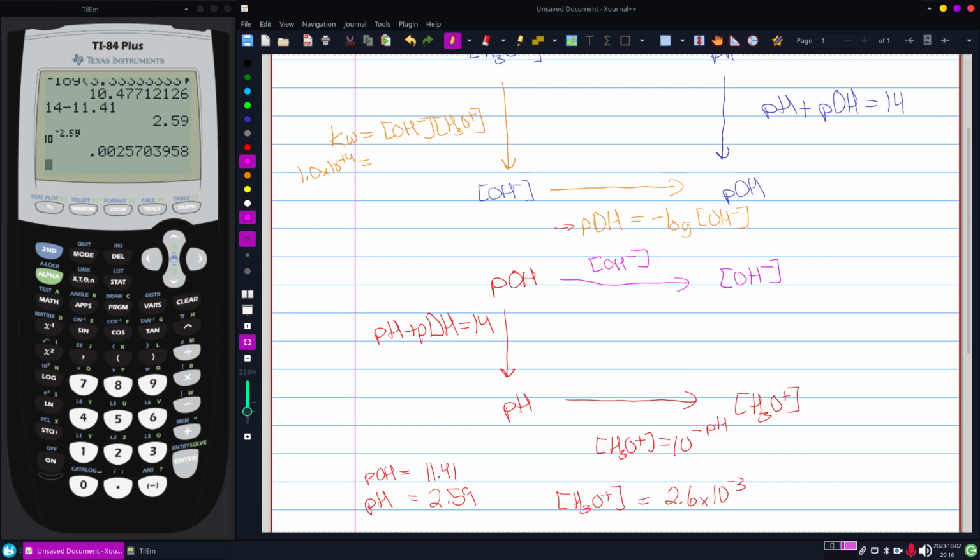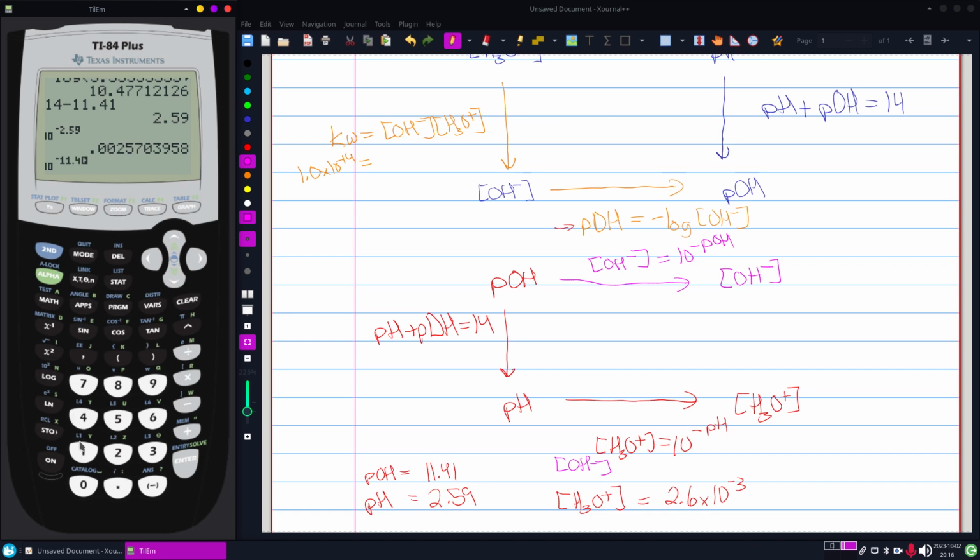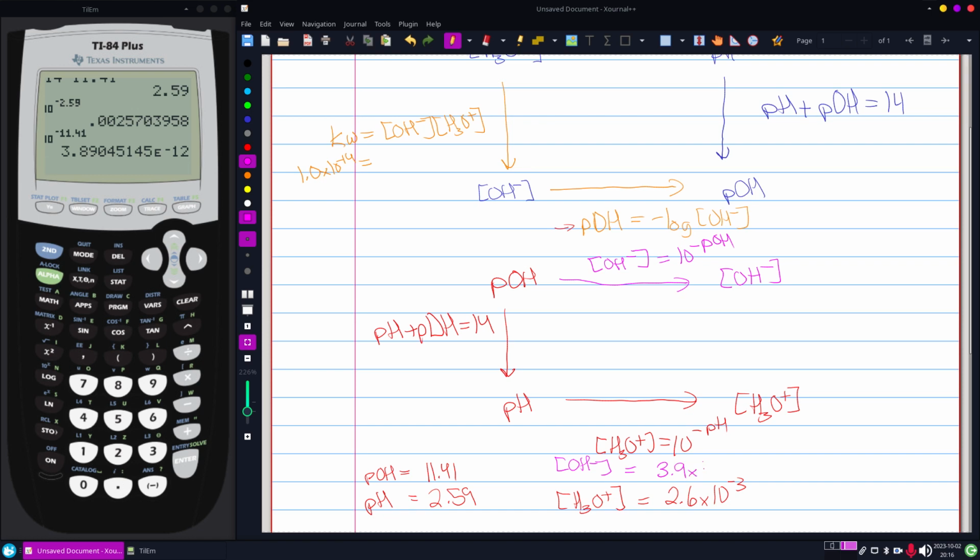OH negative is equal to 10 to the negative pOH. So our OH concentration is 10 to the negative, and my pOH was 11.41. Put it right there. So I get a hydroxide concentration of 3.9 times 10 to the negative 12.